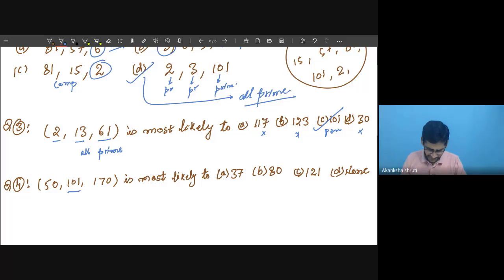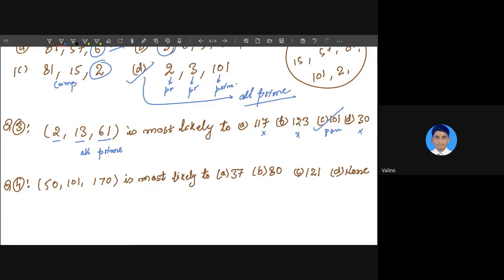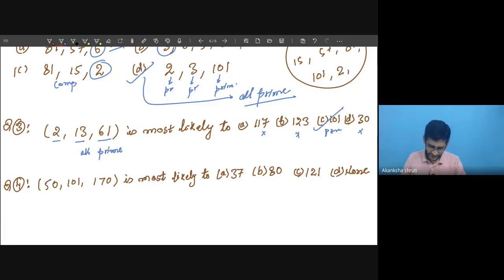101 is prime, but whether 50 and 170 are prime? So 50 and 170 are not prime. So thinking in terms of prime or type of number is not valid here. We shall think a bit more. Observe what is the relation being followed here.